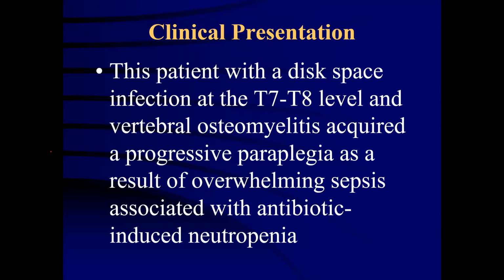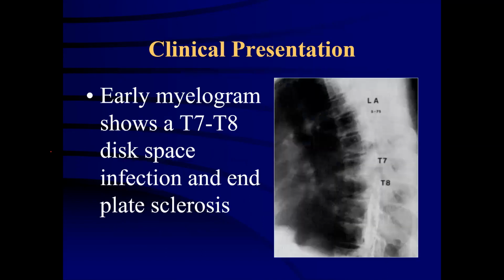This patient with a disc space infection at the T7, T8 level and vertebral osteomyelitis acquired progressive paraplegia as a result of overwhelming sepsis associated with antibiotic-induced neutropenia. You can see it over here.